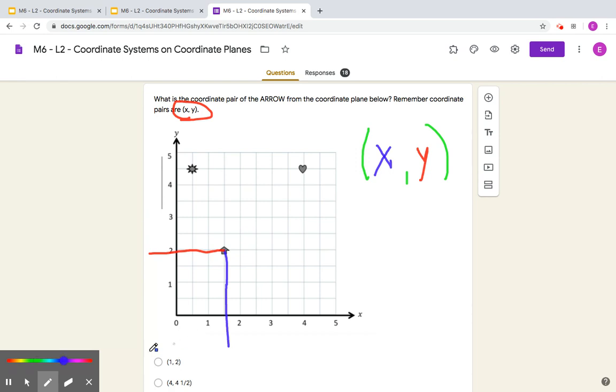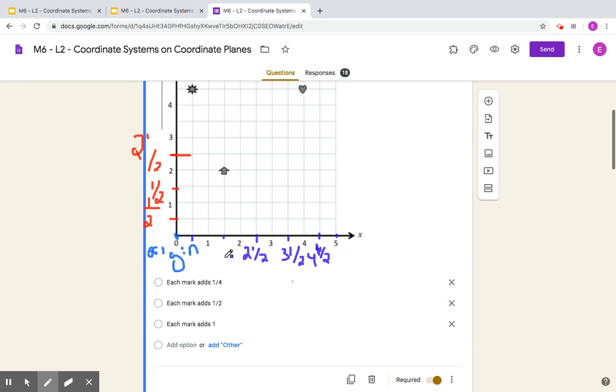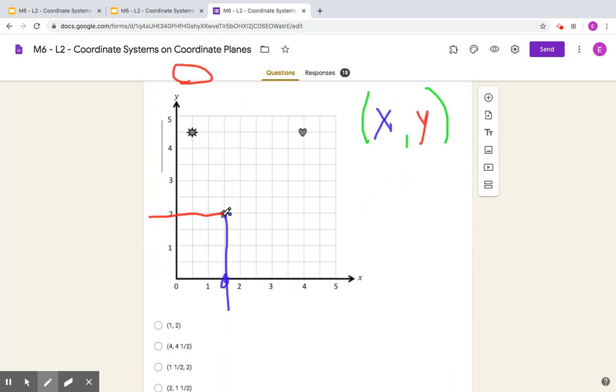My x coordinate lands right here, in between the 1 and the 2, which we called 1 and 1/2. So my arrow hits on the x coordinate 1 and 1/2, which means I went over 1 and 1/2 for my arrow. And then I went up to 2.